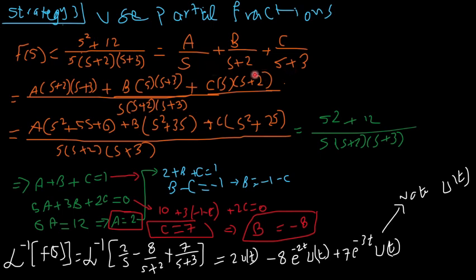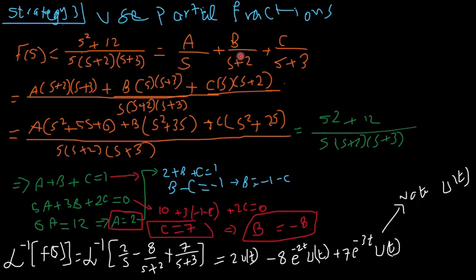If any of the denominator is higher degree, like degree 2, for example, let's say b over s squared plus 2, this means that the numerator would be of degree 1, which means that we'll have a term with s. So we'll define the numerator as bs plus c, and so on.